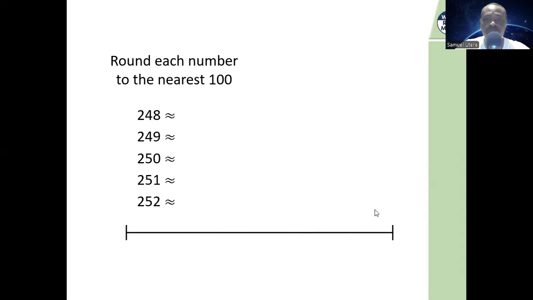Okay, so if we use our number line to help us, for these numbers, we would see that they round like this. And that one, 248, will be 200. 251 is way past 250. 252 is way past 250.